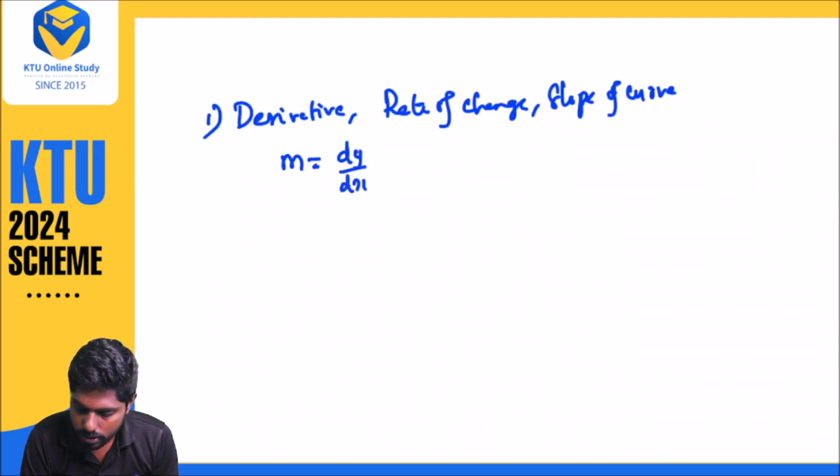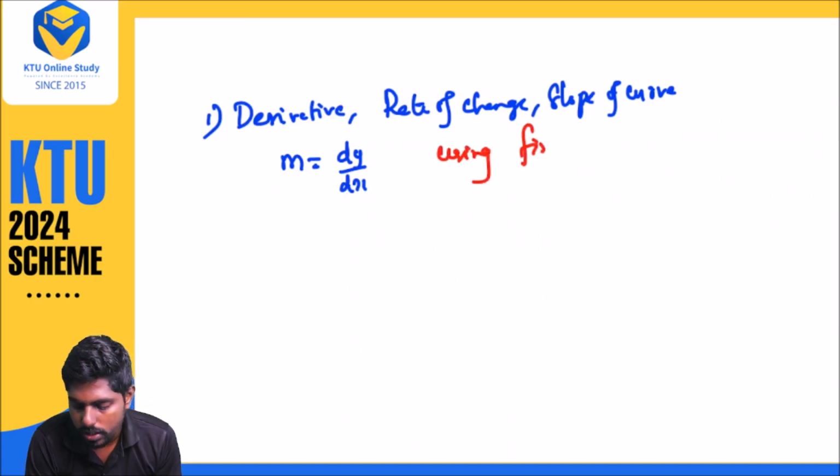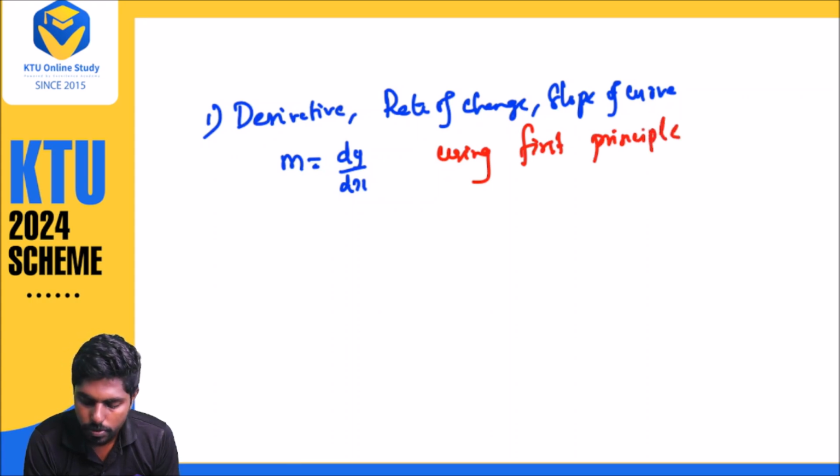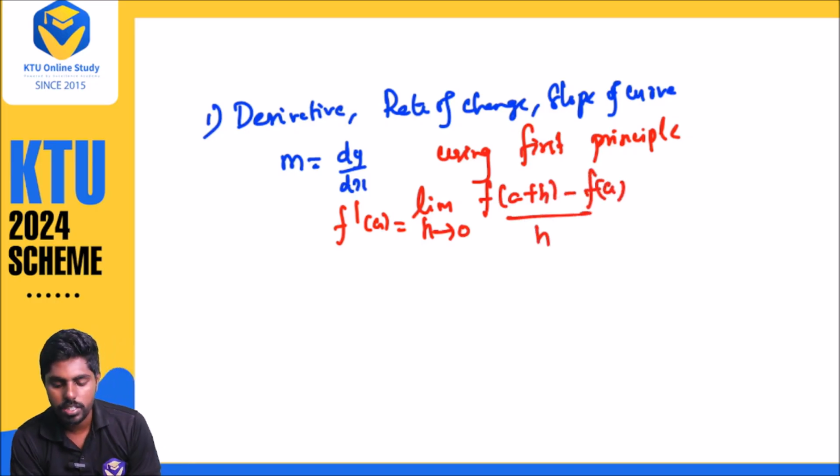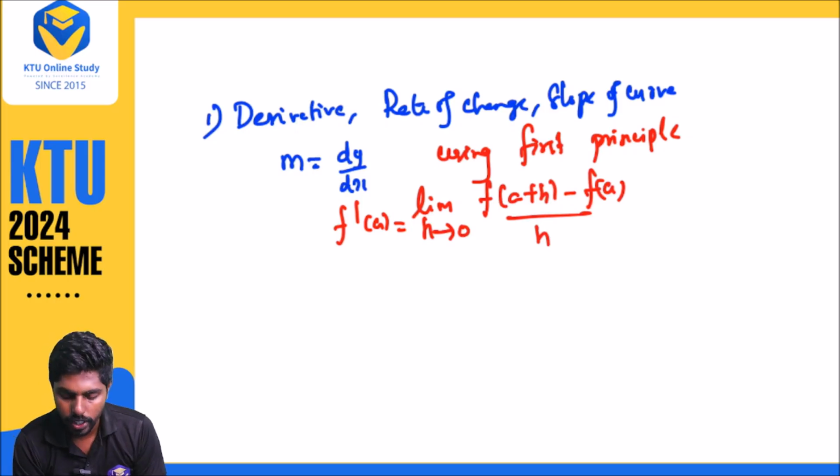And based on this, if they ask to use the first principle, I have told you the formula: f dash of a is equal to limit h approaches 0 of f of a plus h minus f of a, divided by h. So this is the first principle. Using the first principle, you have to find it.